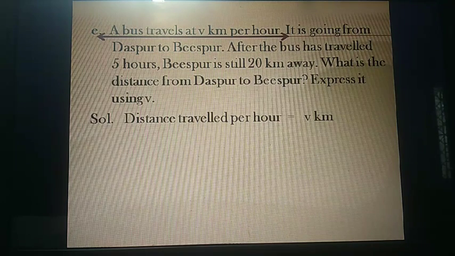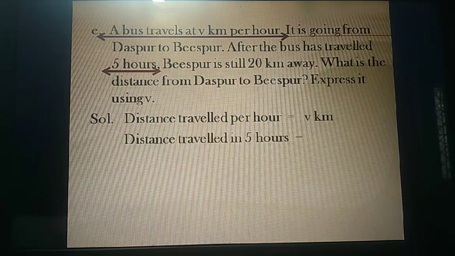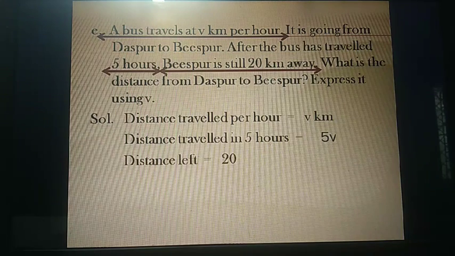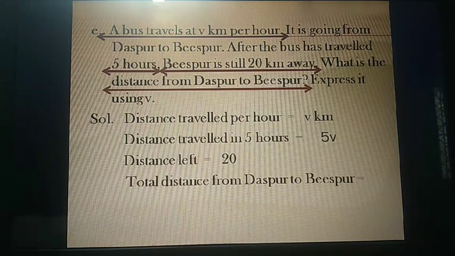In 3 hours, it will be 3V. Similarly, in 5 hours, it will cover a distance of 5V. But still, after covering this much distance, 20 kilometers is still left. So, finally, the total distance will be 5V plus 20.